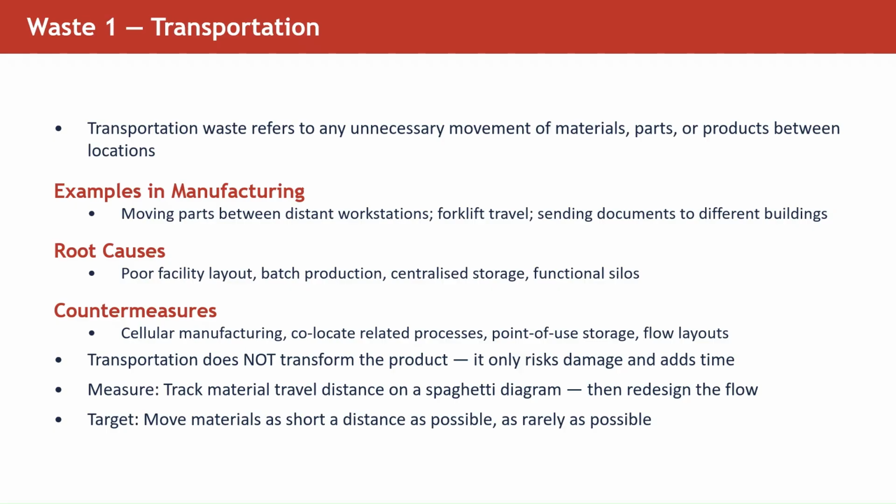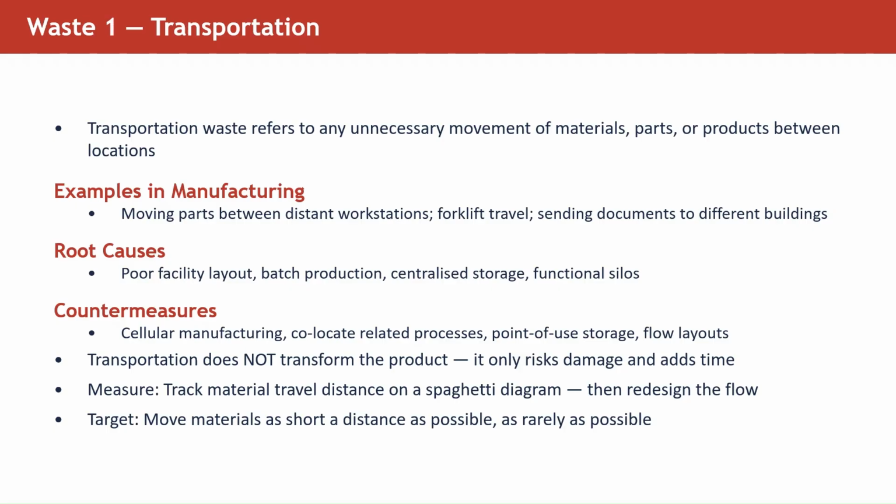Practically, we put the plant layout on paper and draw lines tracing the path of a component from start to finish. The resulting maze of crossing lines is your transportation waste, made visible and measurable. This is usually done with a spaghetti diagram.